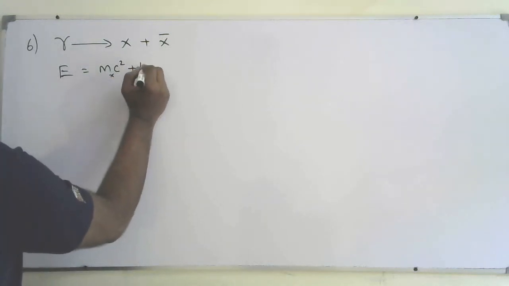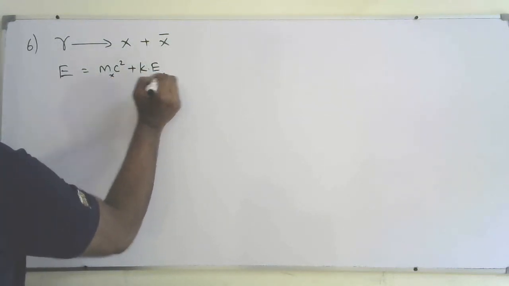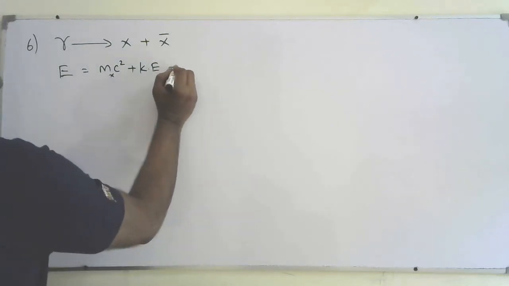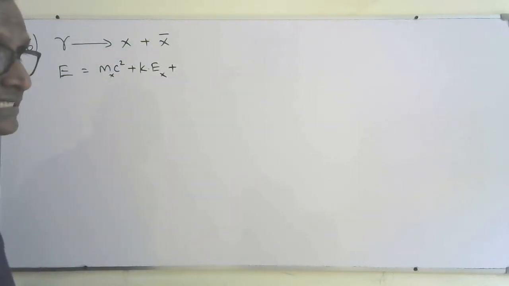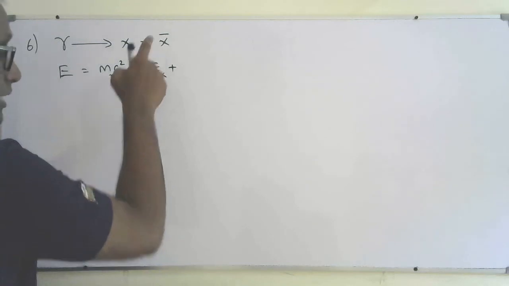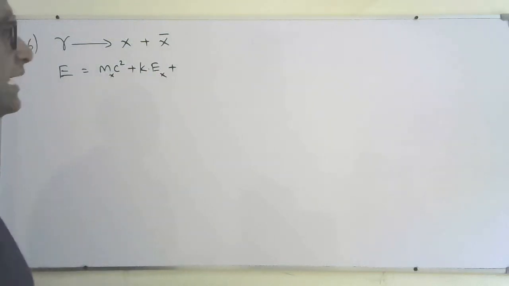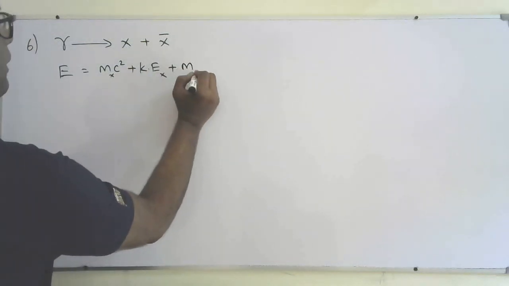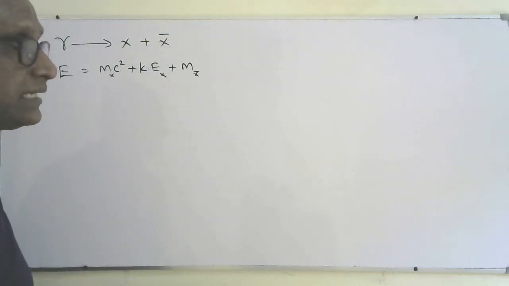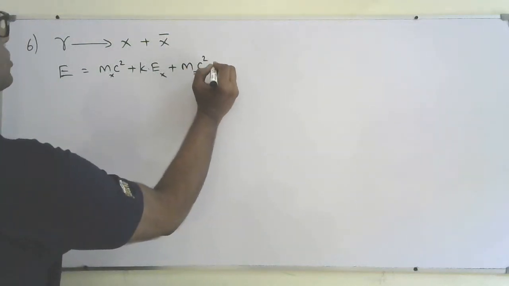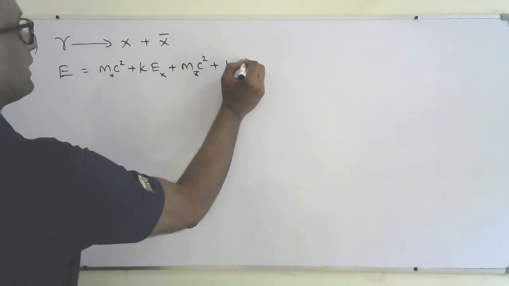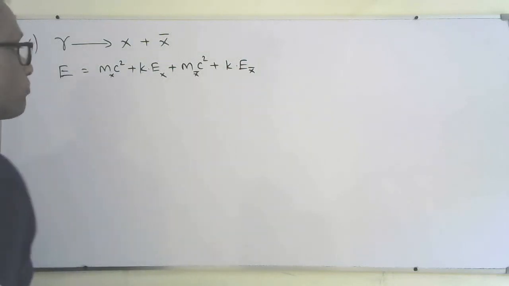It might have kinetic energy, so I'll put kinetic energy of X. Plus, same way, mass of X dash, same as mass of X. Mass of X dash also has equivalent energy. That will be mx bar, the antiparticle, mx bar c square. Its kinetic energy, I can say KE of X bar.